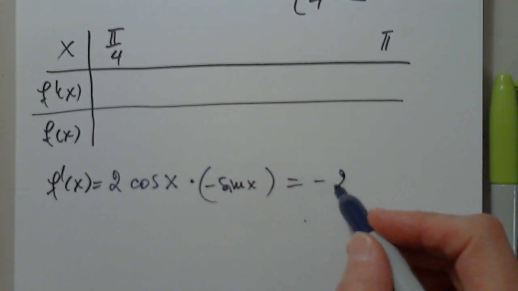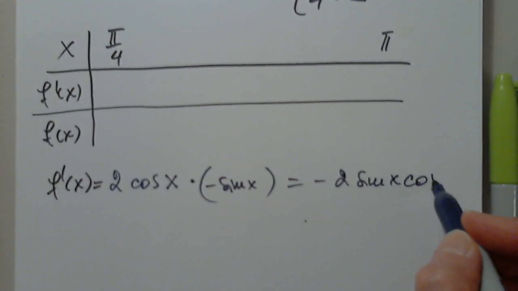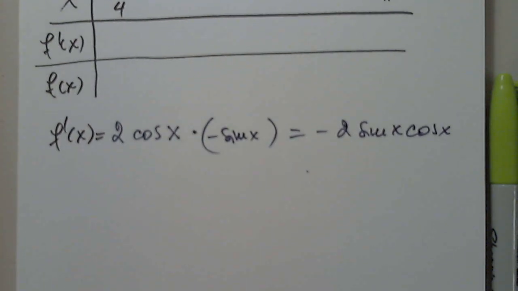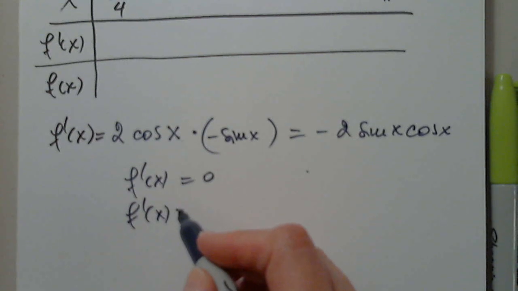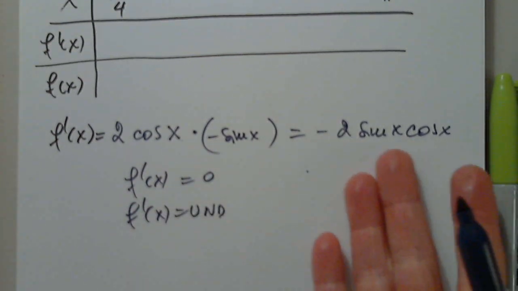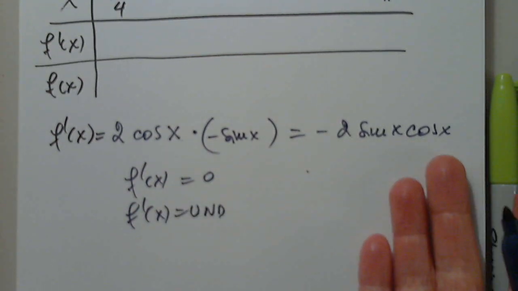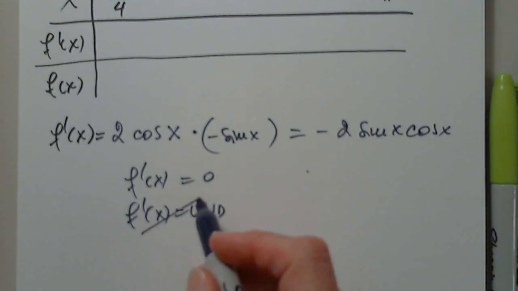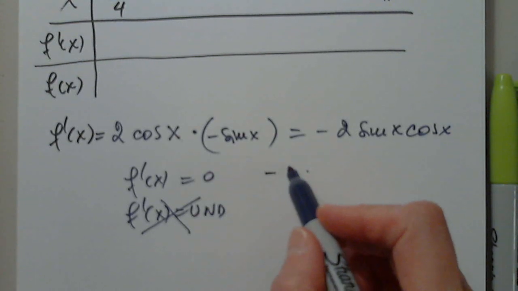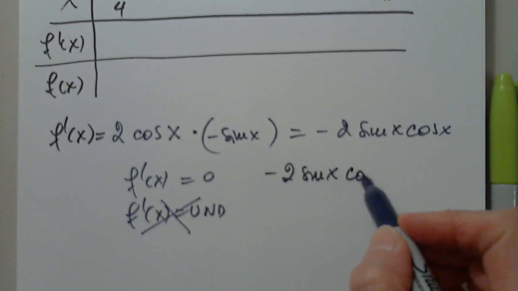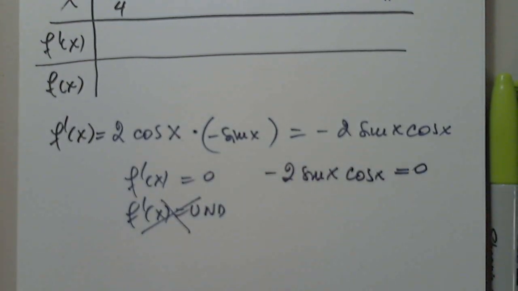So negative 2 sine x cosine x. I have to analyze 2 different things, but there is no tangent, cotangent, secant, or cosecant, so there is no such case. And I have to set it equal to 0. Negative 2 sine x cosine x equals 0.